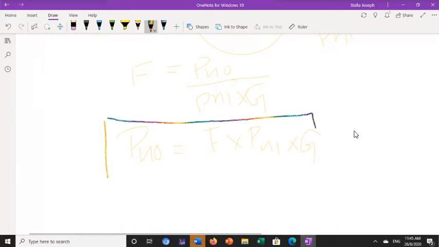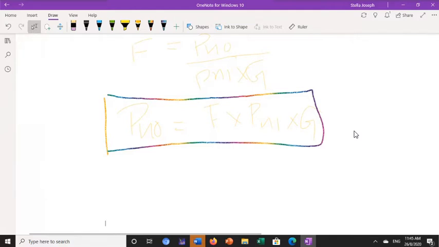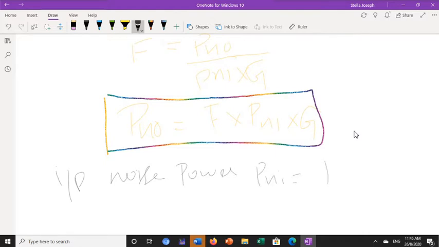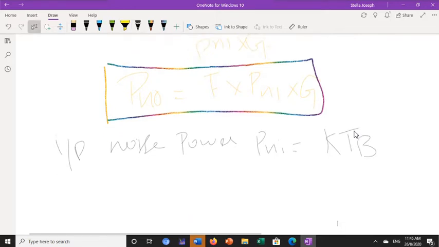Now, we know the input noise power. What is my input noise power? PNI is equal to K into T into B. If I am using room temperature, I take T is equal to T0.